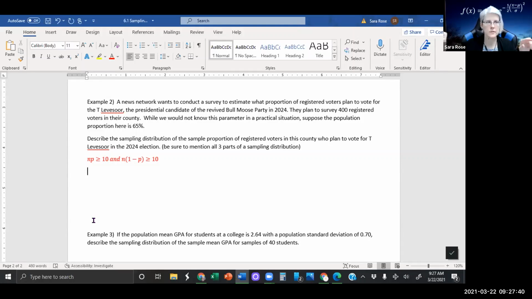You need to have at least 10 on either end of the spectrum, and you figure that out this way.